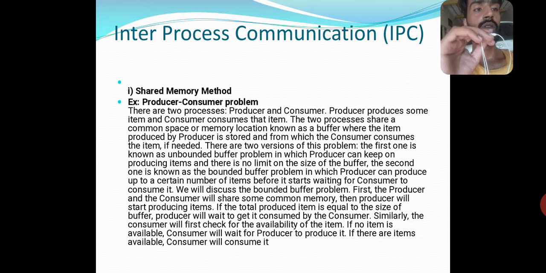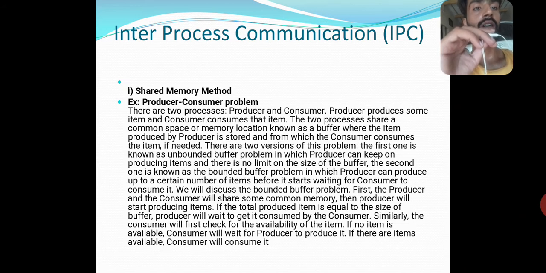The producer produces some item and the consumer consumes that item. The two processes share a common space or memory location known as the buffer, where the item produced by the producer is stored and from which the consumer consumes the item if needed.